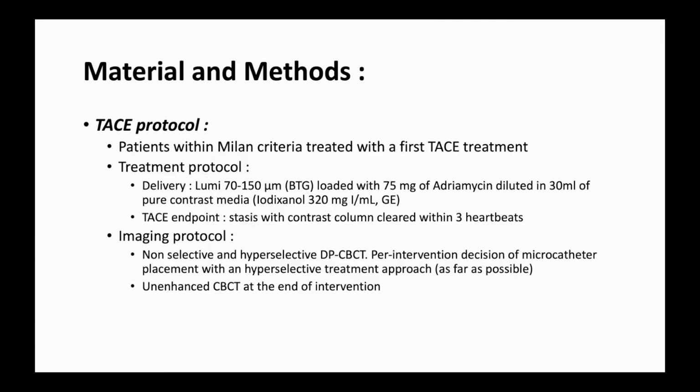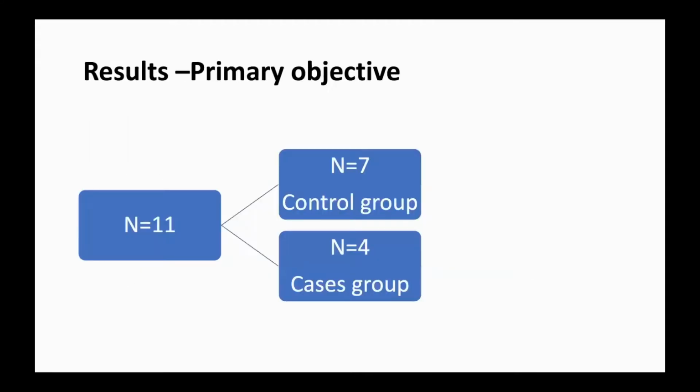We treated patients within Milan criteria, and we used LC beads loaded with adriamycin mixed with contrast media, and we controlled bead repartition on an enhanced CBCT at the end of the intervention.